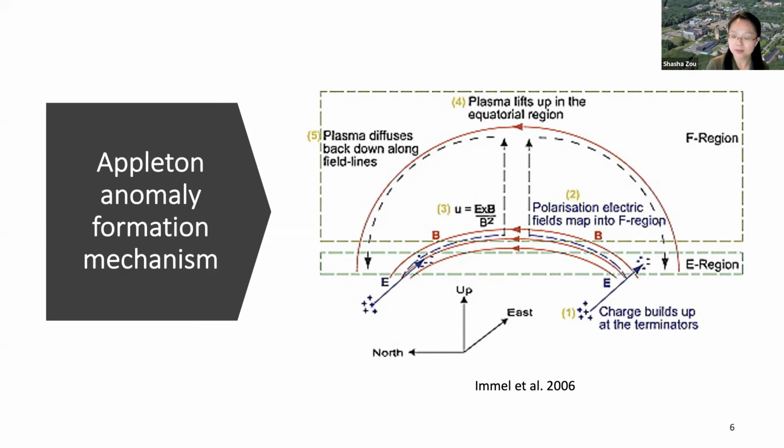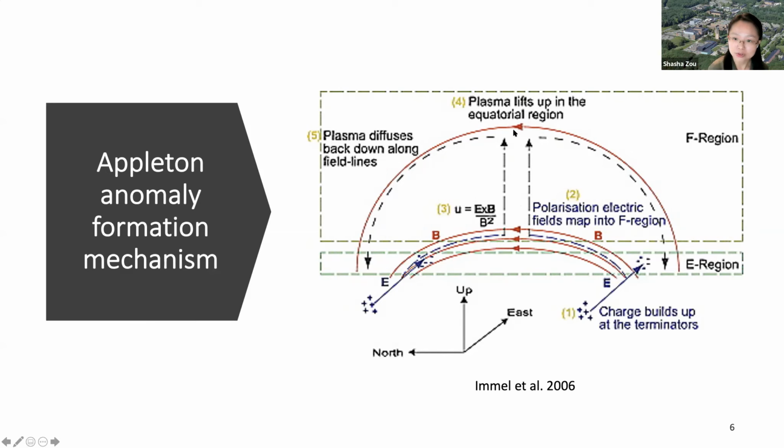The E cross B means your electric field in the eastward direction, and then the magnetic field now is pointing northward, right? So E cross B gives you an upward drift, right? So now the plasma here in the F region starts to drift upward to higher altitudes.